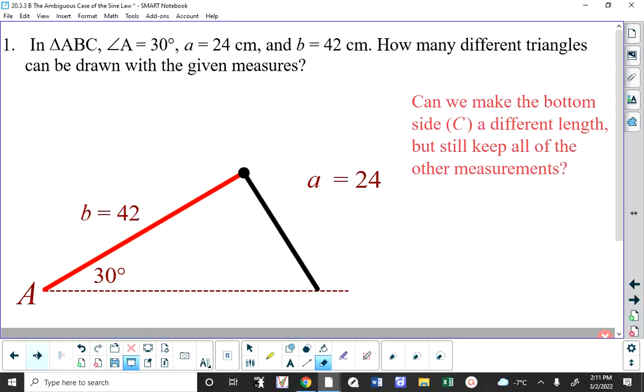I don't want an answer just yet. I want you to think about it. How can I draw? I have to keep the 30 degrees where it is. I can't change that. I can't change the length of B. And I can't change the length of A, but can I change how I draw A?